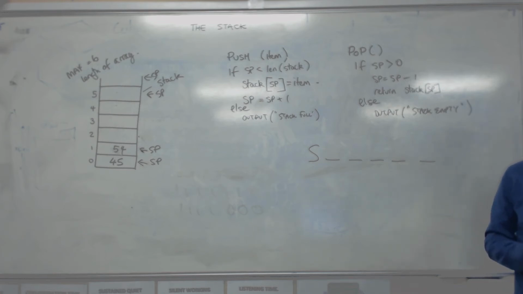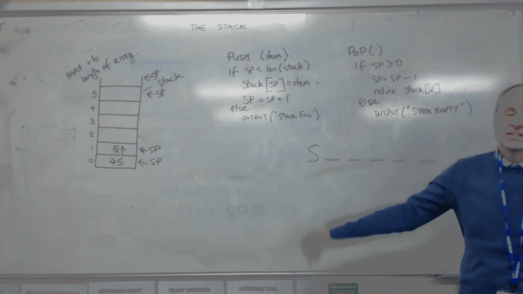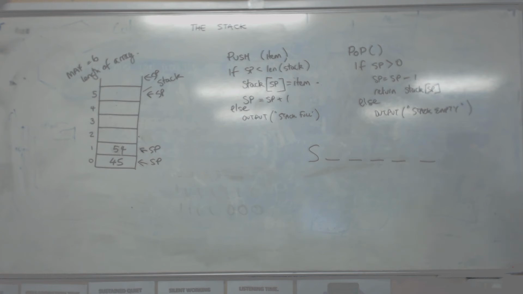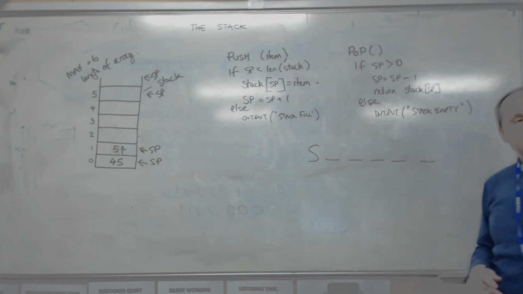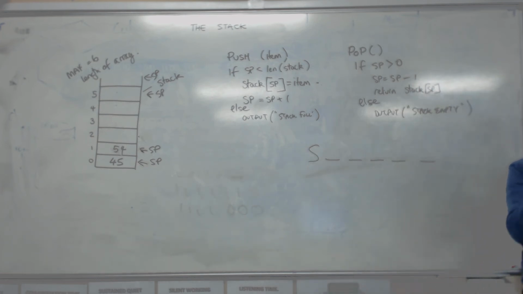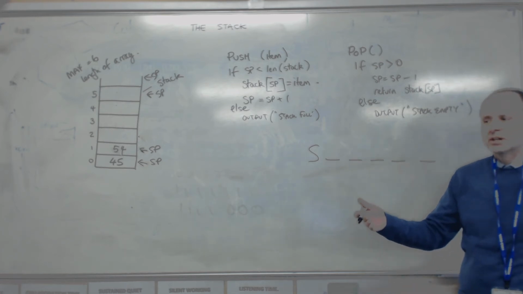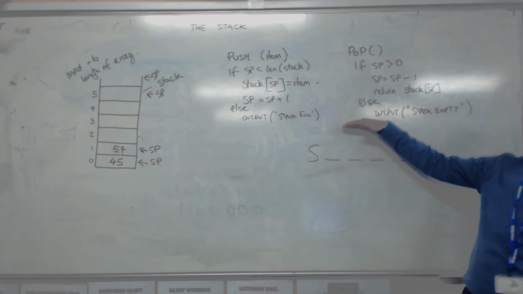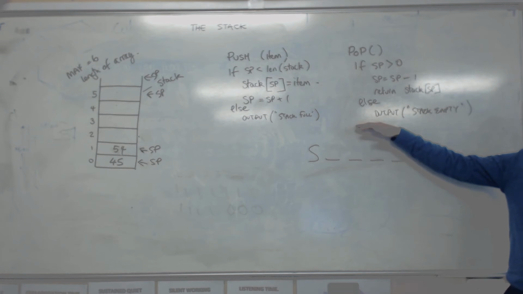But this is a fundamental data structure. It is this stack mechanism that allows us to call a function. Because when we call a function, we're changing the program counter in the CPU. If you think about the fetch execute cycle, the program counter says where the next instruction is.